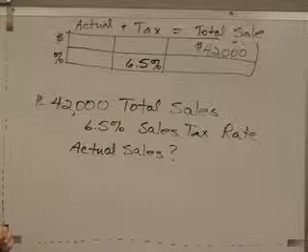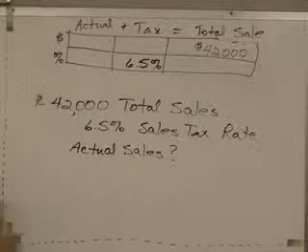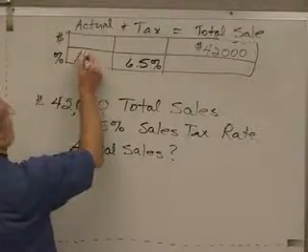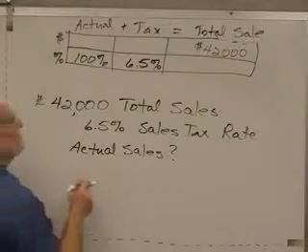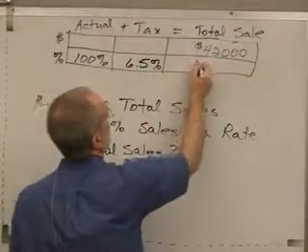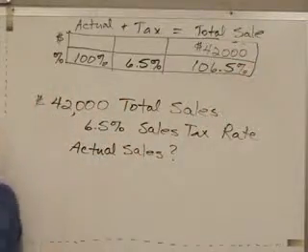So the key to this problem is knowing where the 100% goes. Does it go on the left or the right? It goes on the left, doesn't it? The 100% is the actual sales, the base. And if we increase it by 6.5%, then we're looking at 106.5%.